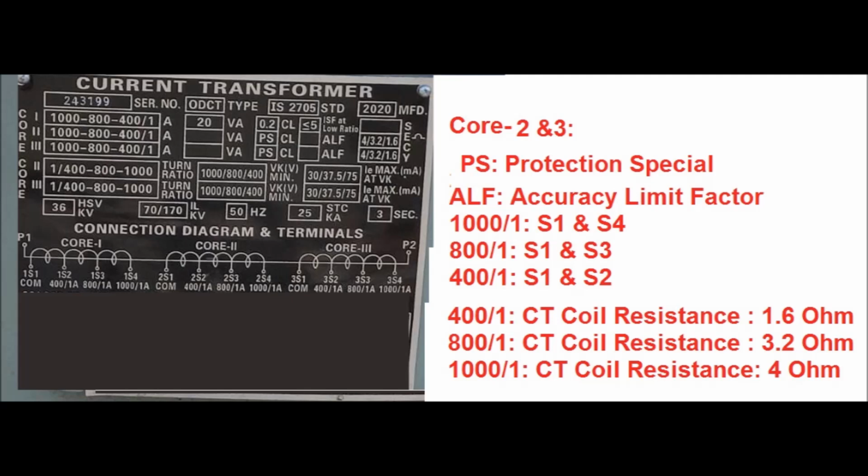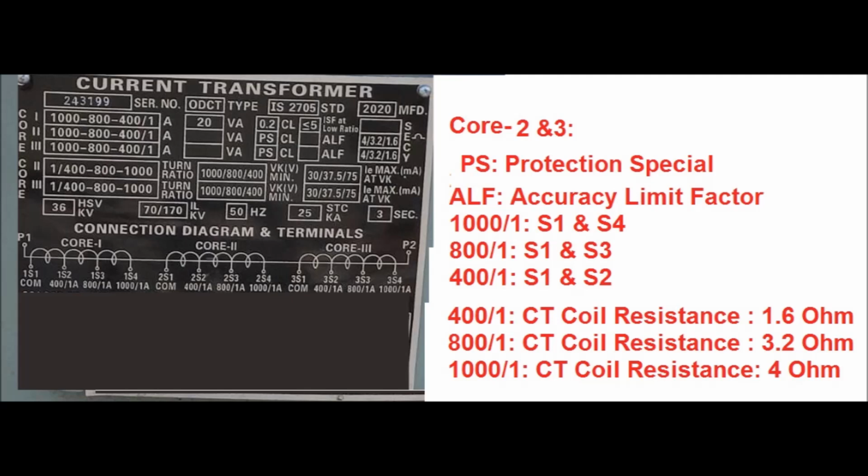Now three ratios exist on the secondary side. There is a 1000/1 ratio, 800/1 ratio and 400/1 ratio. If we want the 1000/1 ratio, then we should connect the secondary terminals between S1 and S4.